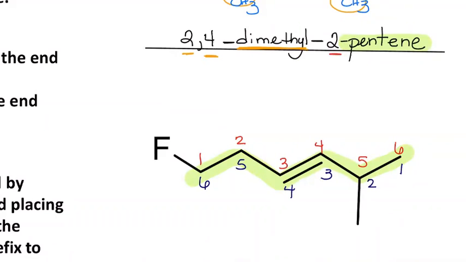is that in any of the 2 directions that I'm numbering that carbon chain, my alkene is always in between the same two digits. In this case, it's going to be between carbons 3 and 4. Put a 1 in the chat if the concept of equidistance makes sense.